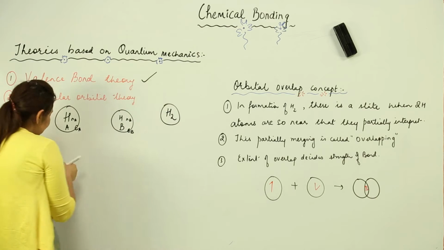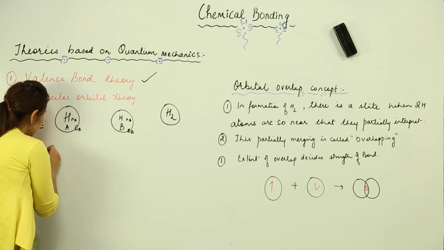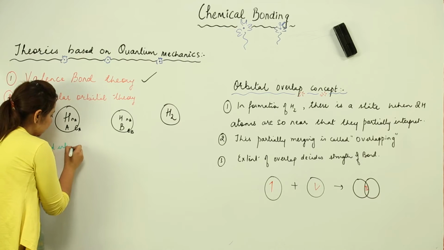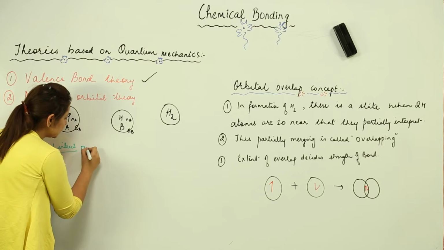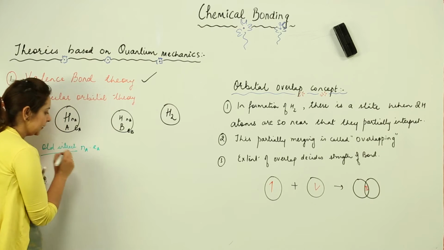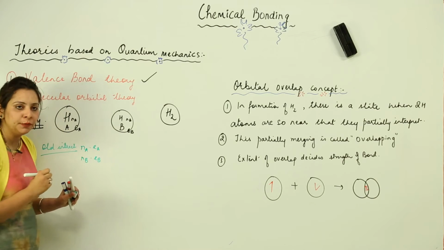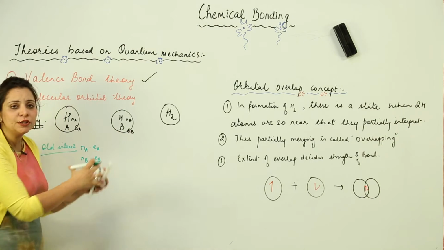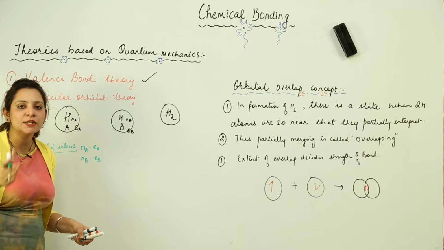Earlier, in the old interactions, there was an attraction between nucleus A and electron A, and between nucleus B and electron B. Now when they start coming closer to each other, we see new interactive forces that are attractive as well as repulsive.